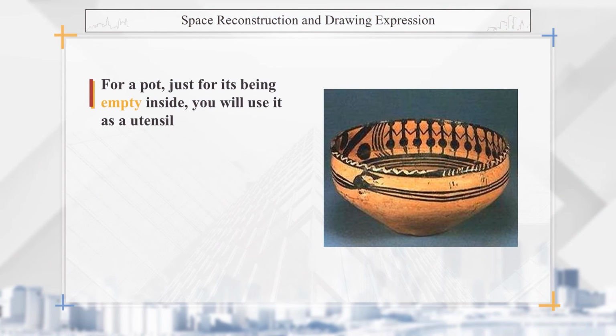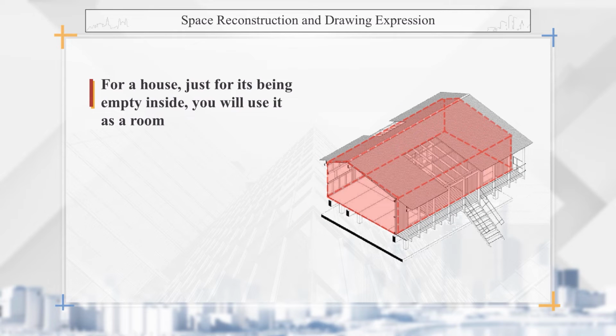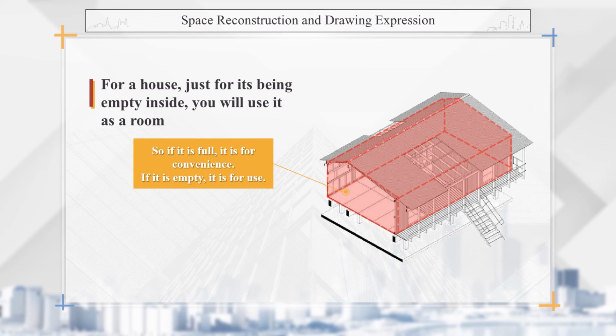The words from Tao Te Ching mean that pottery pots have the function of utensils because they have the hollow place. We cut through windows and doors to build houses, and it is the empty part of the house that makes it work. Being full is convenient, while being empty is really playing its role.